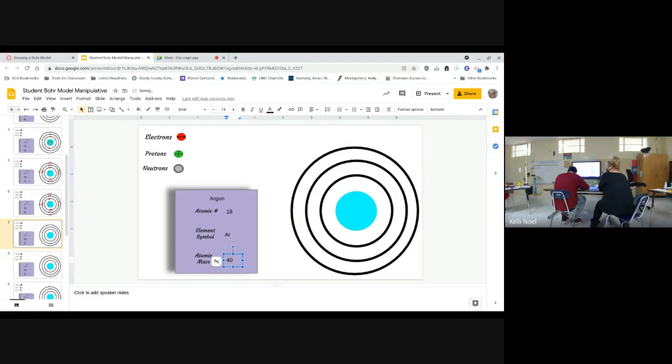Now, I'm not going to drag 18 over there. I'm going to take this one little proton, and I'm going to get my text box and put 18. I'm going to drag one neutron. Now 40 minus 18 is 22.